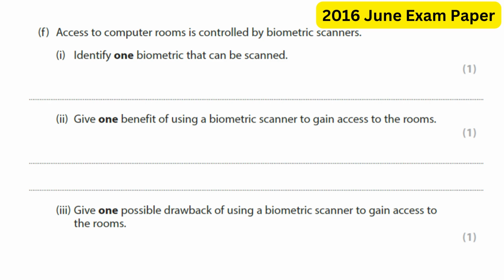So when there's a system failure, there's no way that you can get access. And let's say a temporary injury happened, your finger got injured, and now there's no way that you can access. So those are a few drawbacks of using biometric scanners.